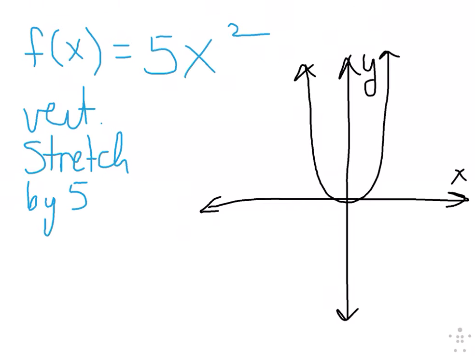When I put a 2 in there, what's 2 squared? 4 times 5 is 20. So instead of going over 2 up 4, it's going to be over 2 up 20. Oh, God. So we are going to be stretched out. And that's why a couple people asked me the question, where should I put the graphs? How technical should I be? It's tough to graph 20 on the little graphs that you guys have, right?